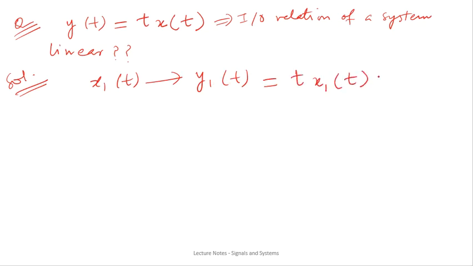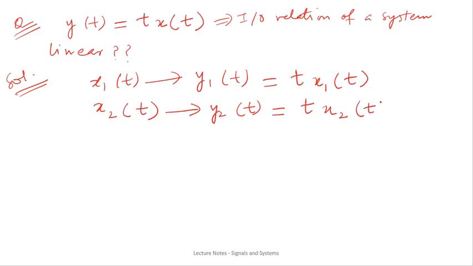This is according to the relation given in the problem, because y(t) is given as t x(t). Similarly, for the second input x2(t), if the output is represented by y2(t), then it can be written as t times x2(t).